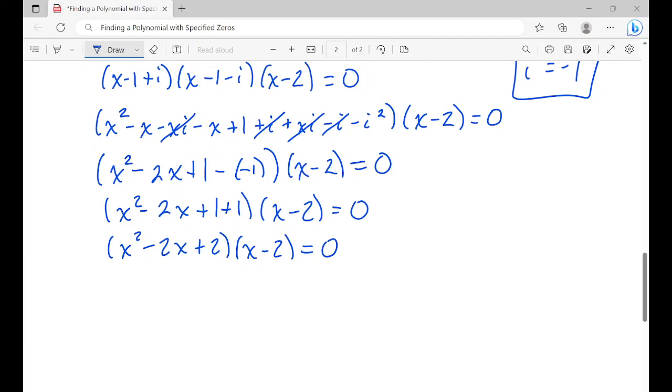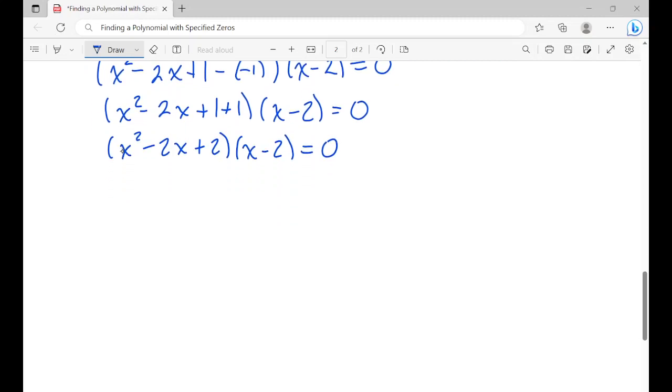And then we're at the last part where I'm going to distribute all of this together so I can get a single polynomial. So x squared times x is x cubed, x squared times negative 2, negative 2x squared, negative 2x times x, negative 2x squared, negative 2x times negative 2 is going to give me positive 4x. 2 times x is 2x.